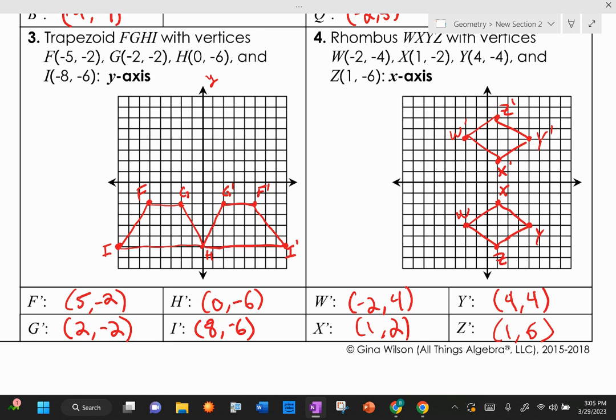I think I did that. Oh, I did do it. I don't know why to use. Losing brain cells.